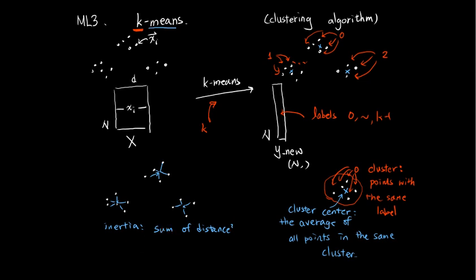And it is called the inertia. It is a terminology in this algorithm. So it is the distance of each point to its center.